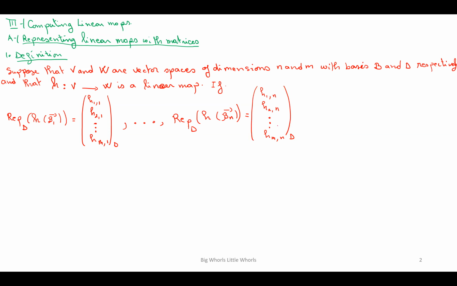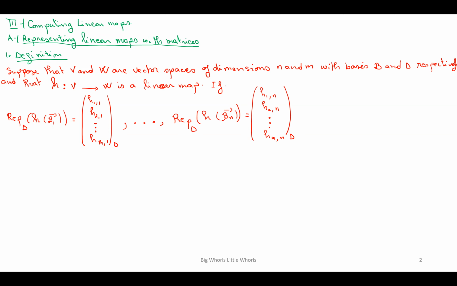Now, if you remember from a previous video, a homomorphism is characterized by its action on the basis. That's a very important theorem to remember.